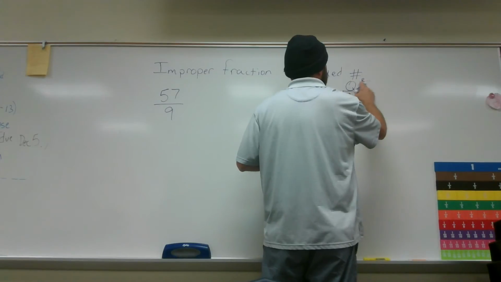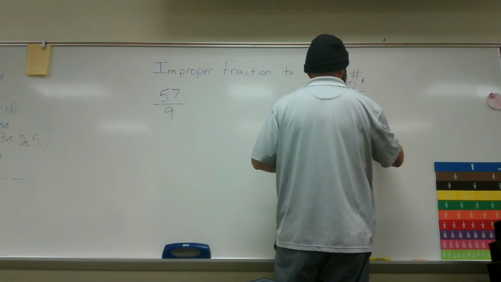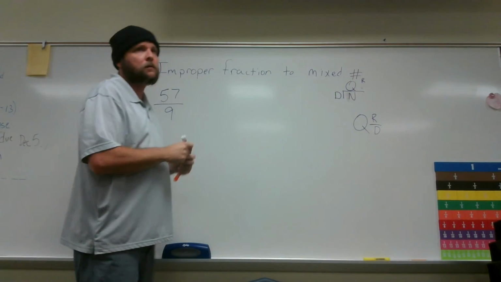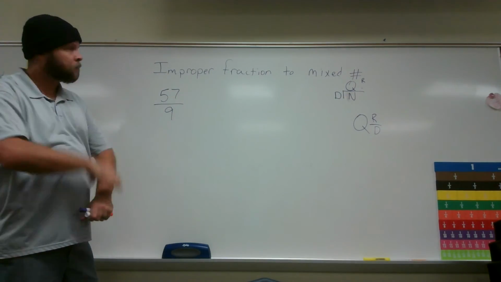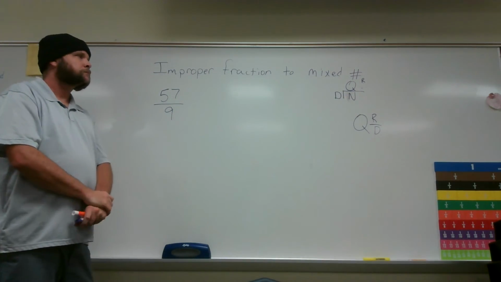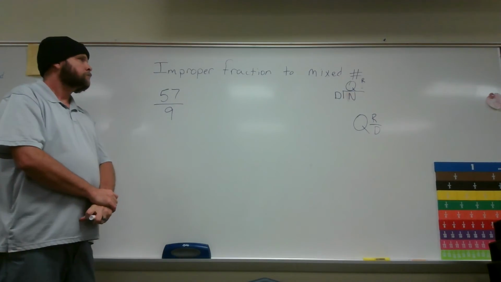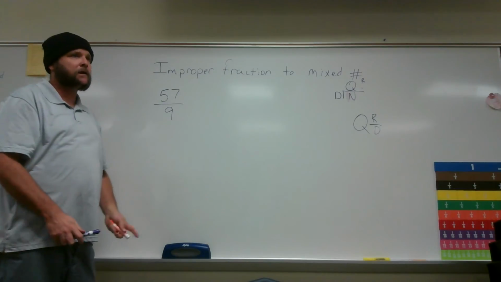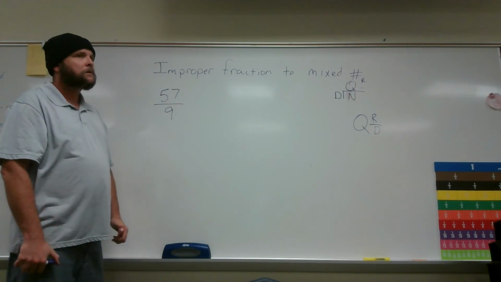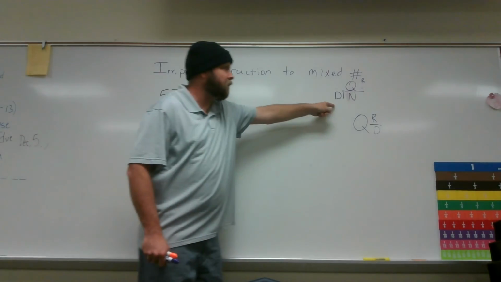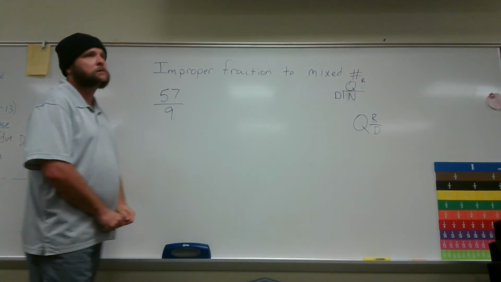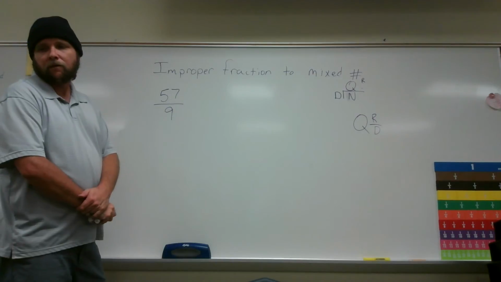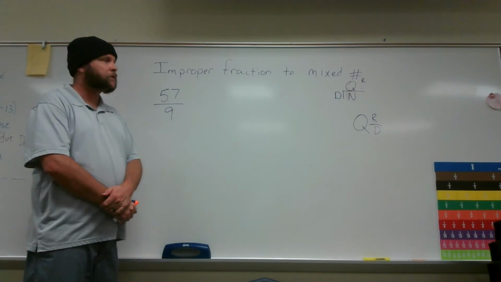Divide your denominator into your numerator. Done. 4. Mr. McMurdo, is this the right answer? I don't know. You haven't gotten a quotient because you haven't done anything yet.